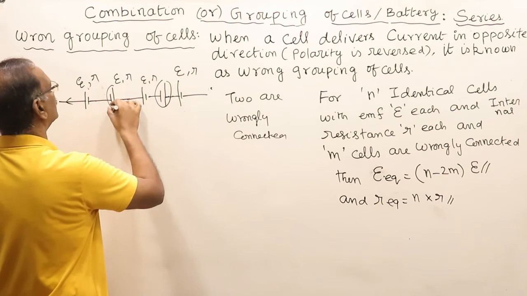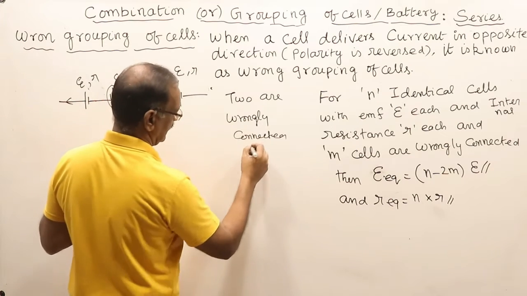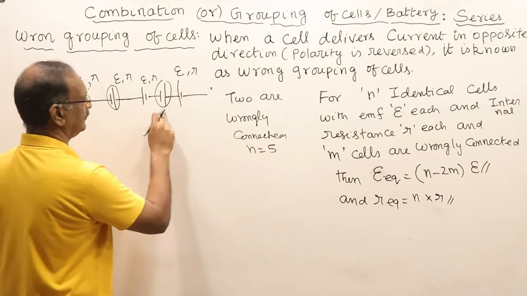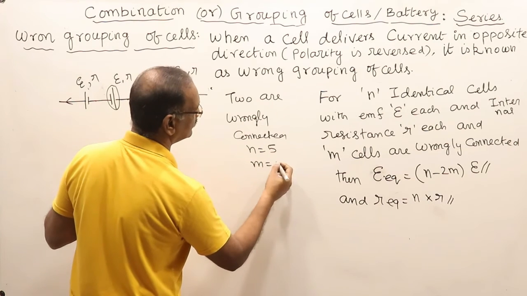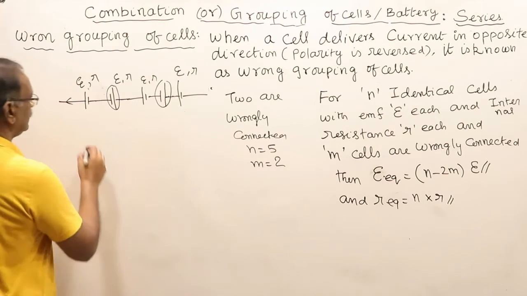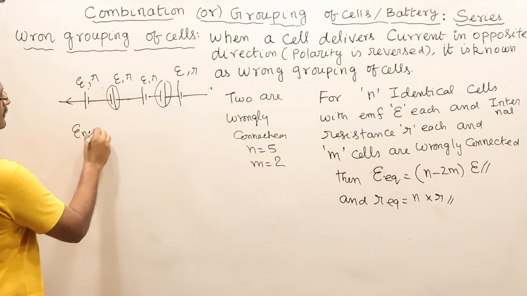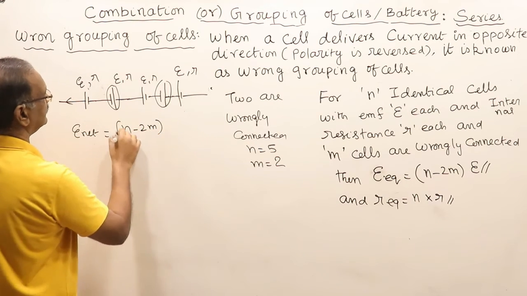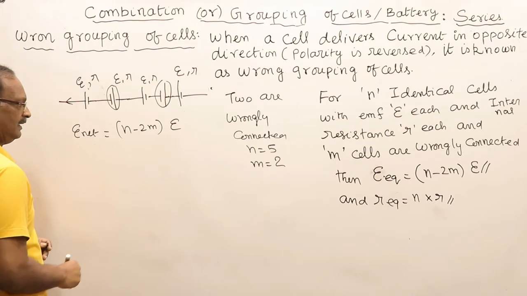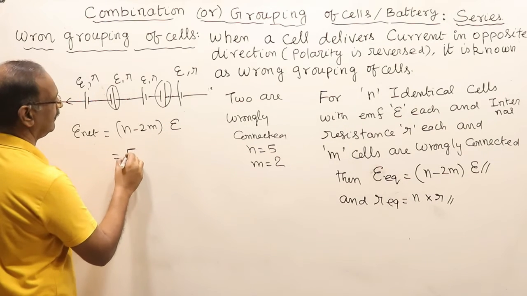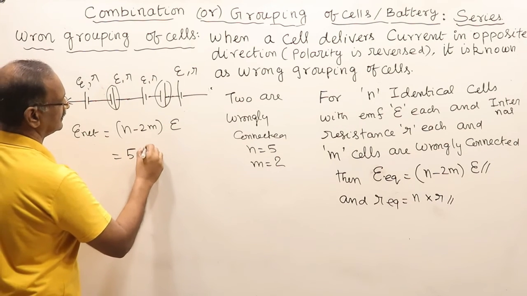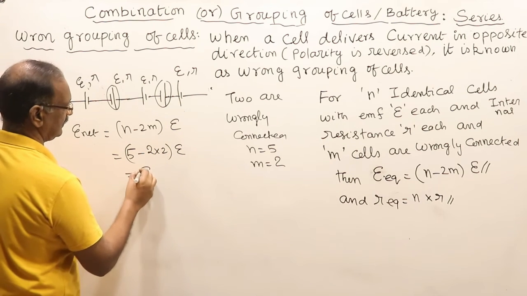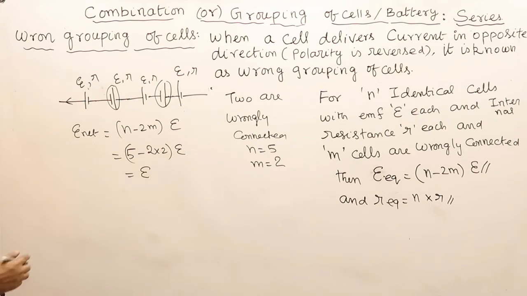These and these are wrongly connected. So n is equal to 5, and m is equal to 2, and E net is equal to (n minus 2m) into the EMF of one single battery, which is (5 minus 2 into 2) times E, equal to E. Let us verify this one.